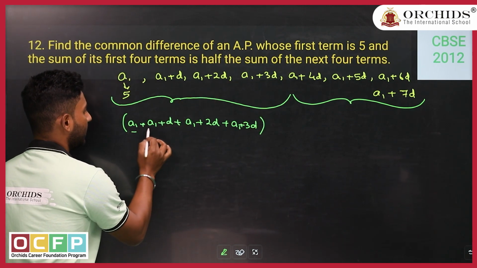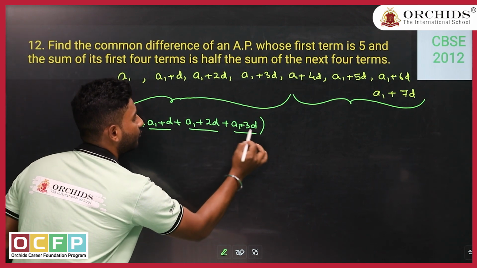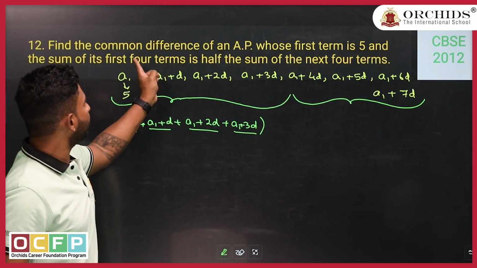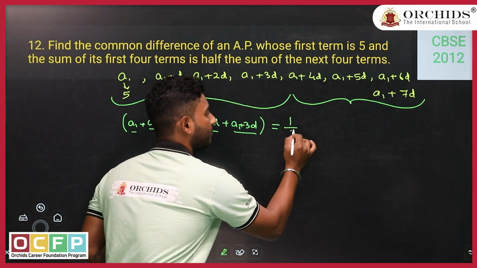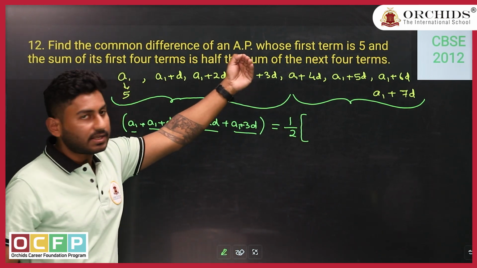This is the first, the second, the third, the fourth. The sum of the first 4 terms is half the sum of the next 4 terms.